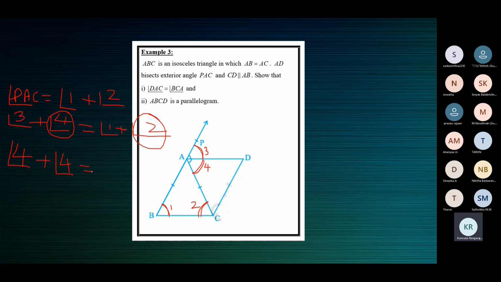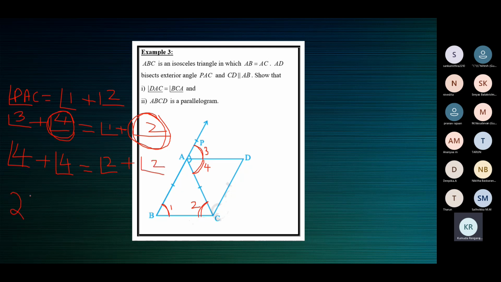You don't want 1 because you have to prove that 4 is equal to 2. So 3 can be replaced with 4 because 3 and 4 are equal, and 1 can be replaced. You can take away 1 and write 2 because 1 and 2 are equal, isosceles triangle property, plus this 2 which is already here.